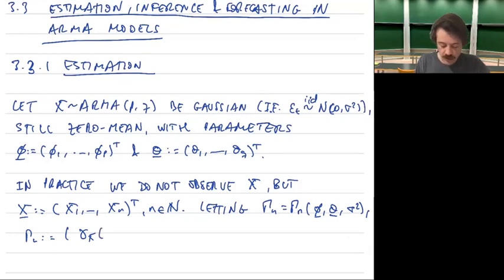We take the autocovariance function and look at all of the possible lags, with t and s going from 1 to n. Let's say, just for clarity, this is the covariance matrix.